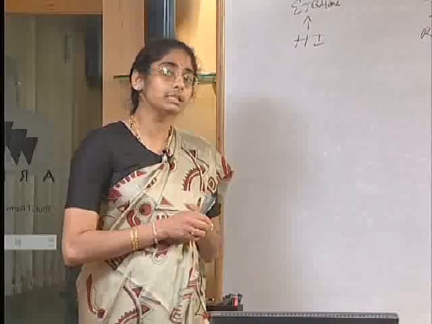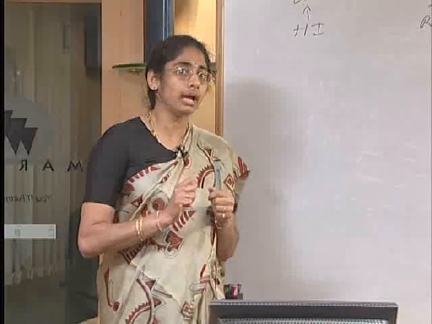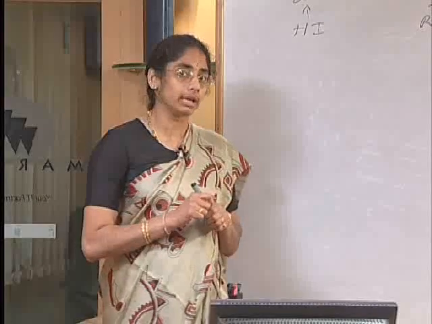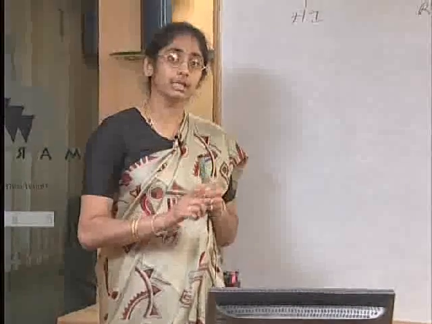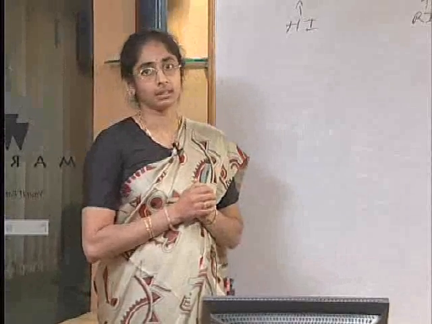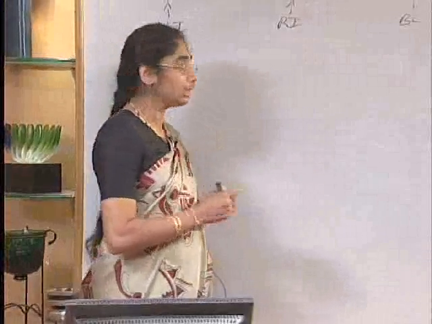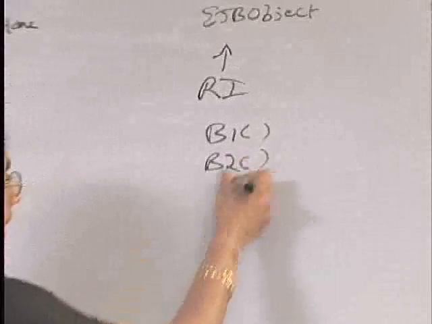So, if a client needs to access a remote object, we always require a remote interface, and the remote interface declares all the business methods which the client can access. So, the remote interface that we are going to define will have all the business logic methods which the client can invoke.